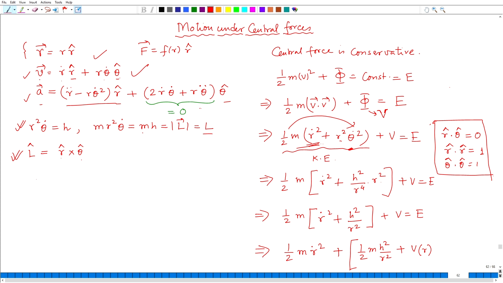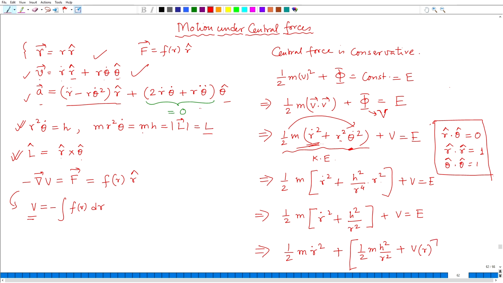If I write minus gradient of v is f, and f has only this, actually v will simply be the integration of f r dr with a minus sign, which gives you that v is also a function of r. Okay. Please just check this thing.